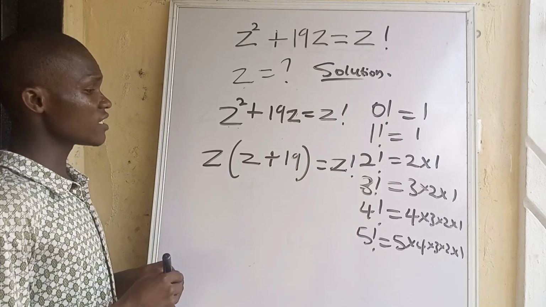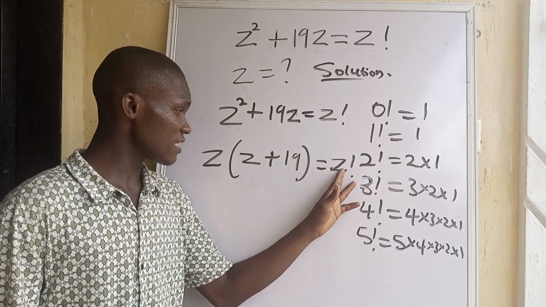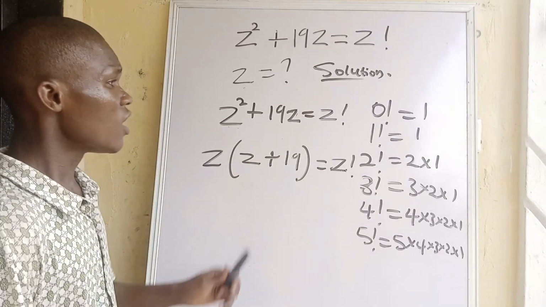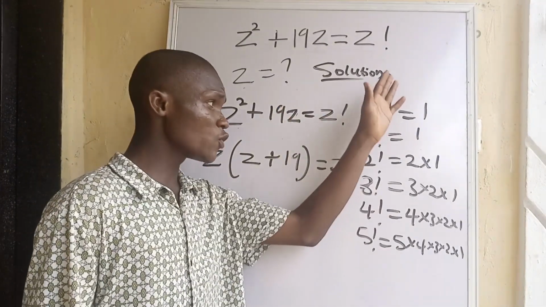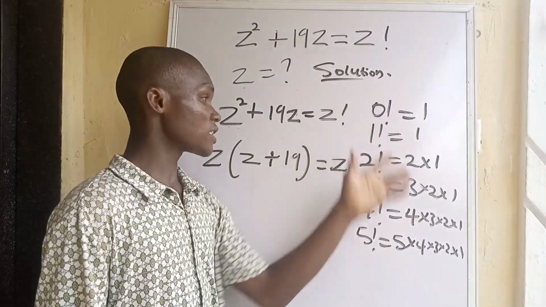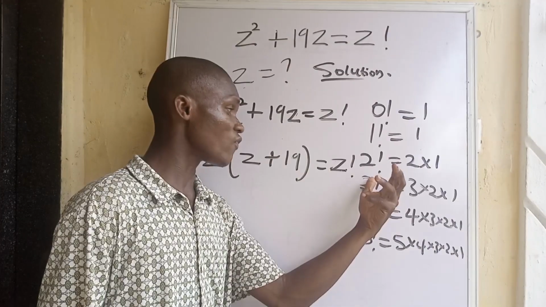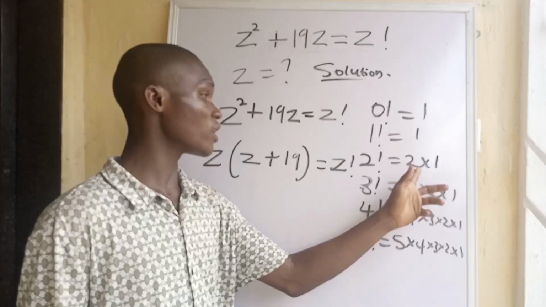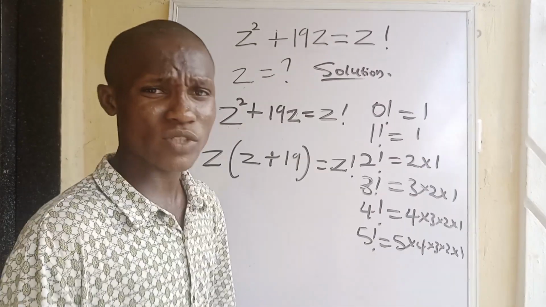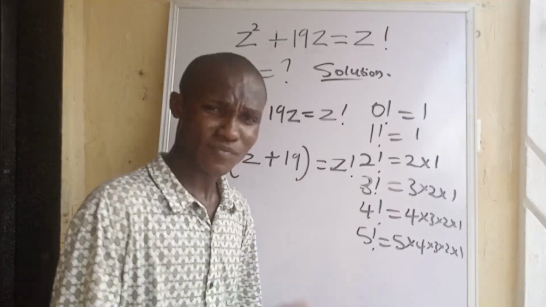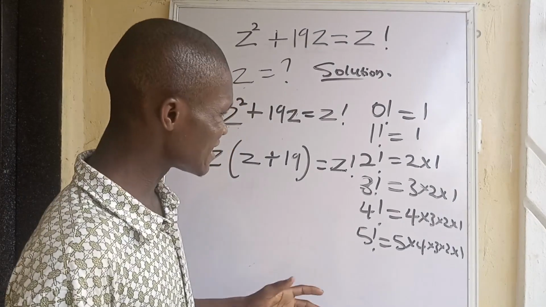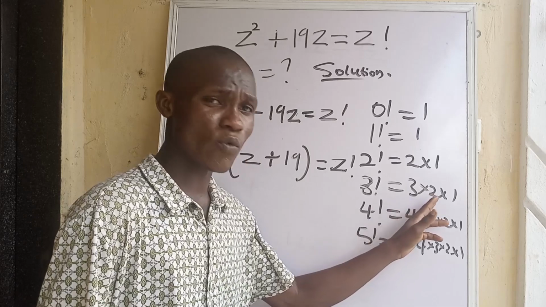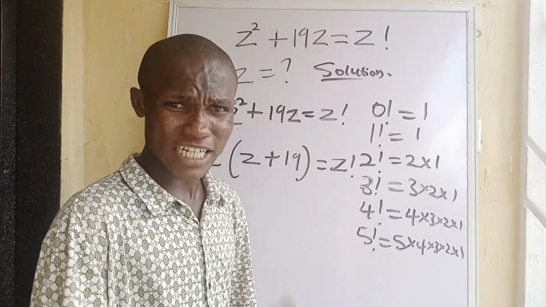Having this, we can see that we have z here and z here. So what are we going to do? Remember I gave you some mathematical expansion on some values. Take for example, 1 factorial is equal to 1, 2 factorial is equal to 2 times 1. I want you to see something at this junction: by the time we are expanding them, they decrease by 1.